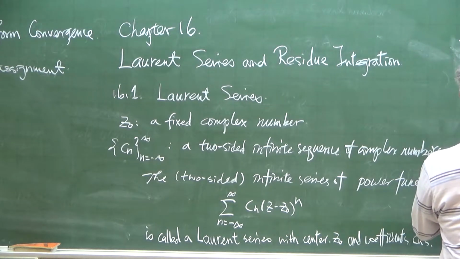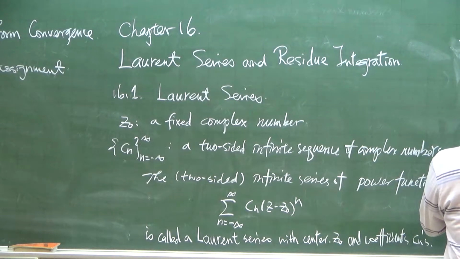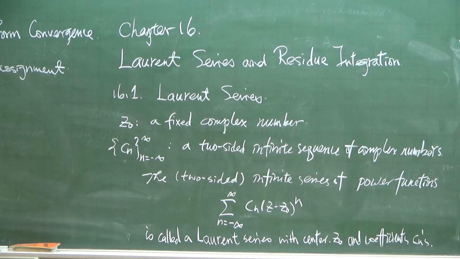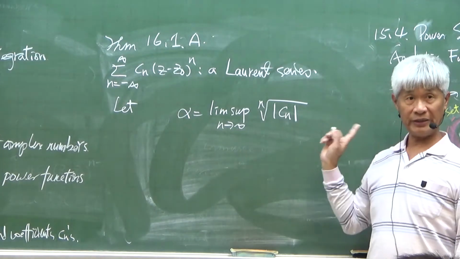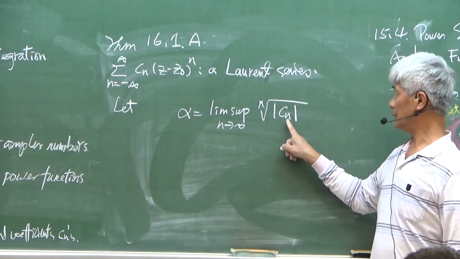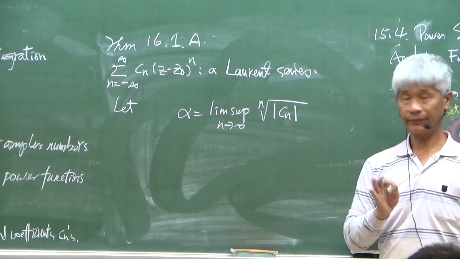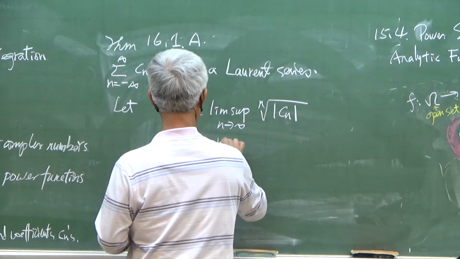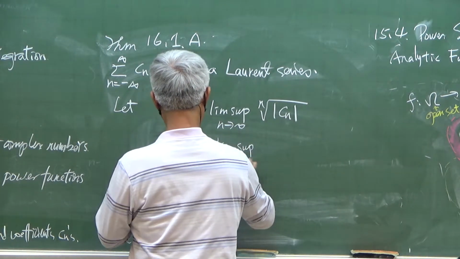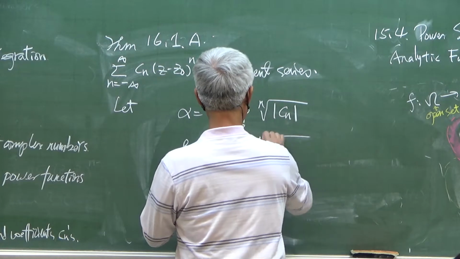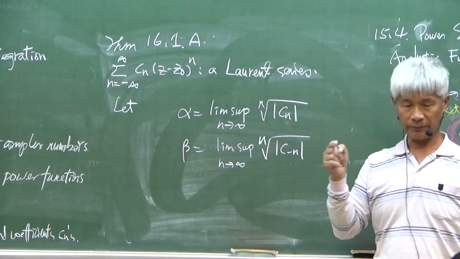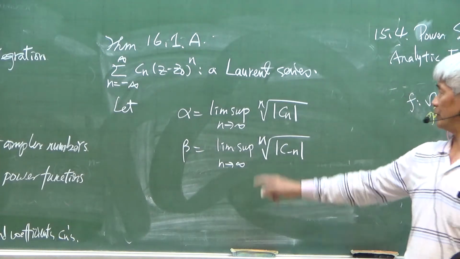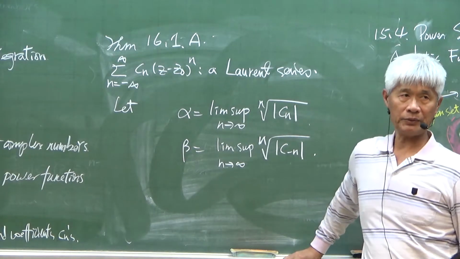Alpha is the lim sup of the nth root of the absolute value of the coefficient c_n as n goes to infinity. So basically, we're talking about c_n when n is positive. And beta is the lim sup as n goes to infinity of the nth root of the absolute value of c_minus_n. Okay, so when the index goes to minus infinity, we have two lim sups to compute.